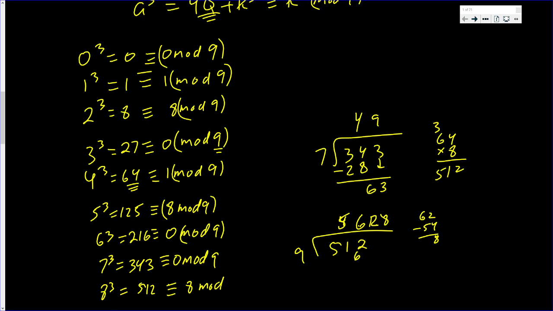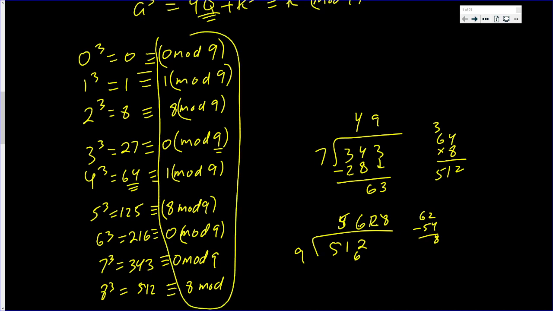Okay, now these are all the answers. I have 0 mod 9. I have 1 mod 9. I have 8 mod 9. 0 I already said. 1 I already have. 8 I already have. 8, 0, 0, and 9.